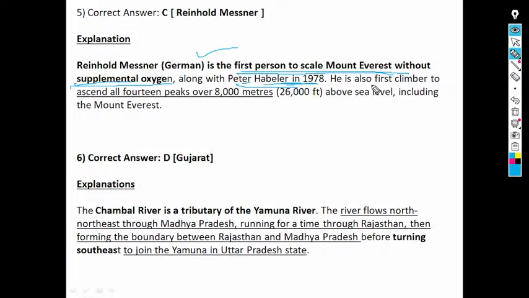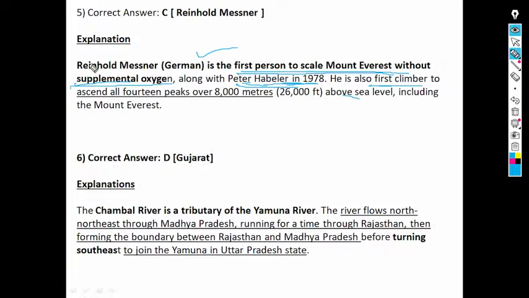He is also the first climber to ascend all 14 peaks over 8,000 meters above sea level, including Mount Everest.